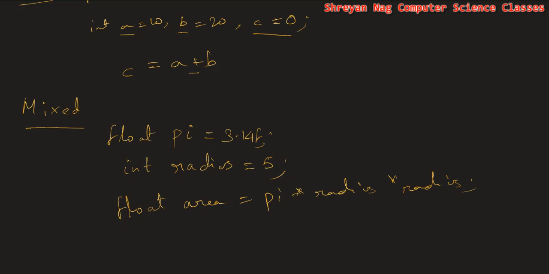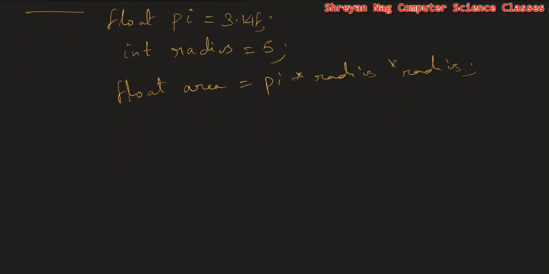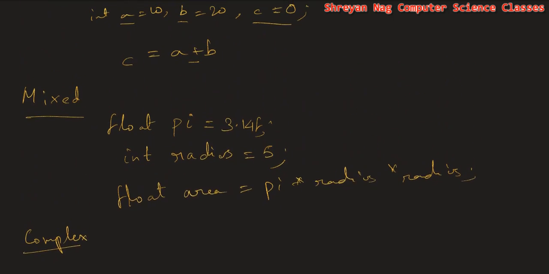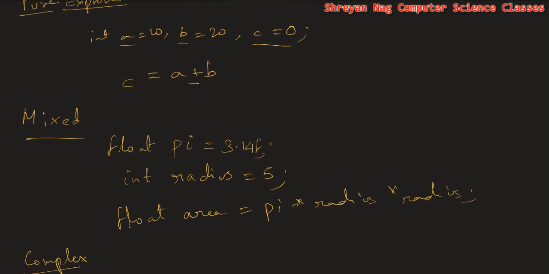Then your complex expression. A complex expression is a type of expression where we will be using more than one operator. In the previous examples, we have been seeing that we use only one type of operator, only multiplication or only plus.